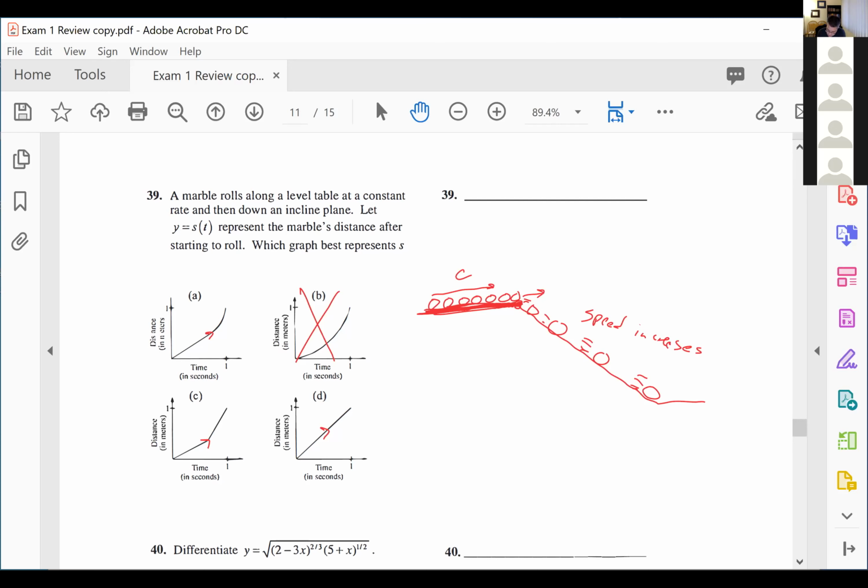So it's going to be more of an exponential curve, because it's got to be faster, more distance in this second than in this second. More distance would have been covered in the later seconds than the earlier seconds.